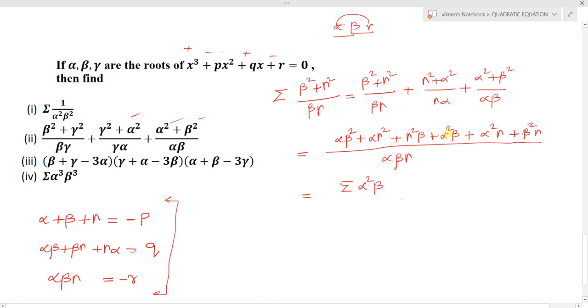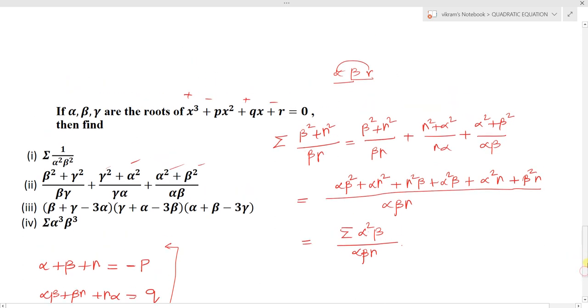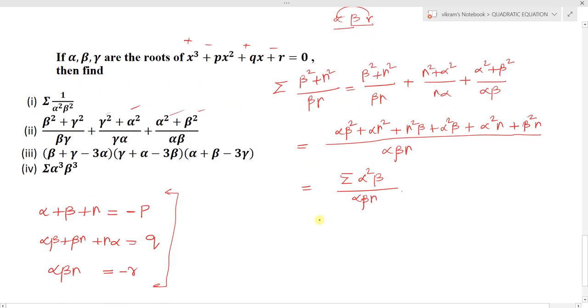Just before, we have seen how to represent this, and we can write the summation alpha square beta as alpha beta plus beta gamma plus gamma alpha, into alpha plus beta plus gamma, minus 3 alpha beta gamma, by alpha beta gamma.